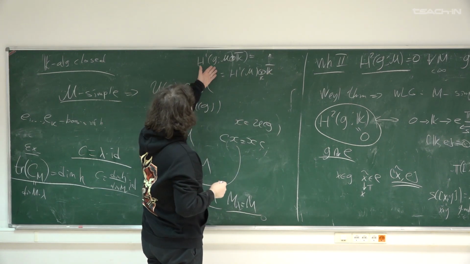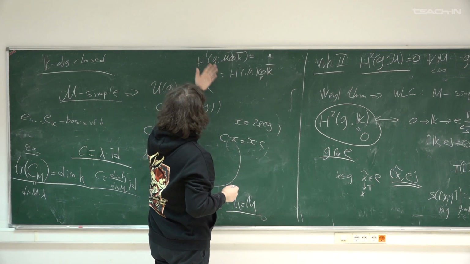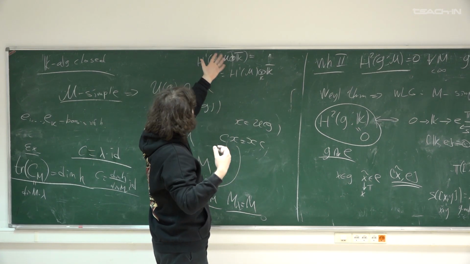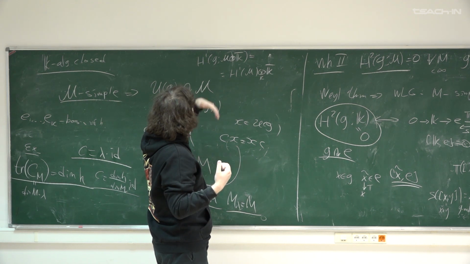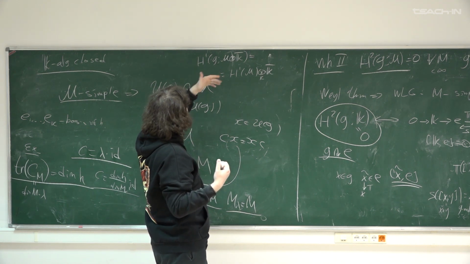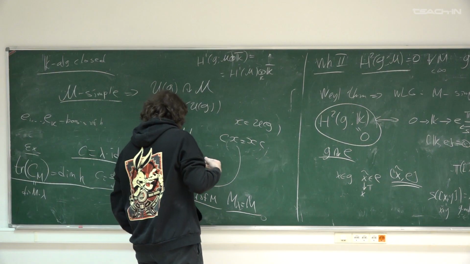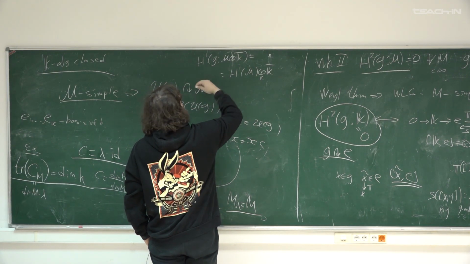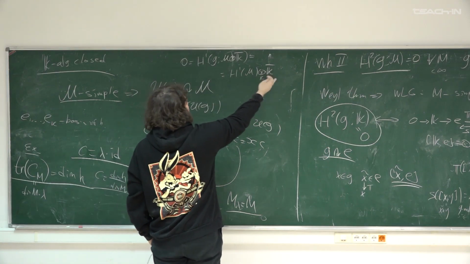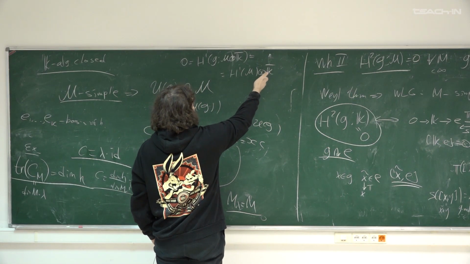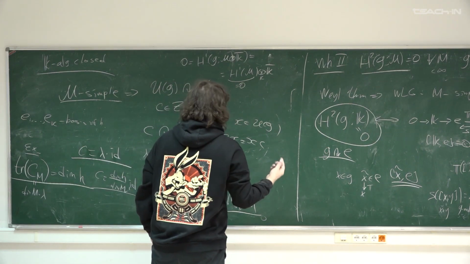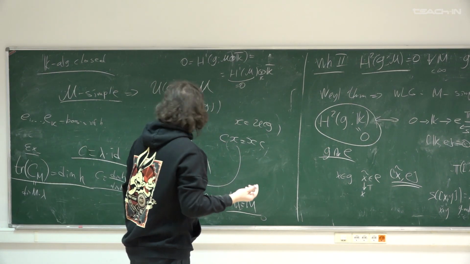And we now know that for any module over an algebraically closed field over a semisimple algebra, this is 0. So this is 0, but it's just extension of scalars. If the extension of scalars of a vector space is 0, then the vector space itself is 0. For the Weyl theorem, the same thing.